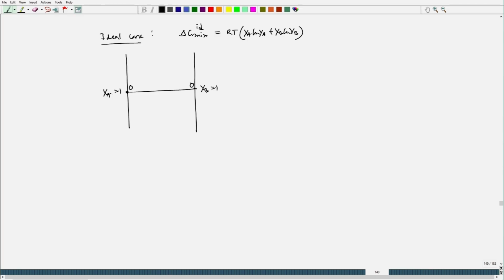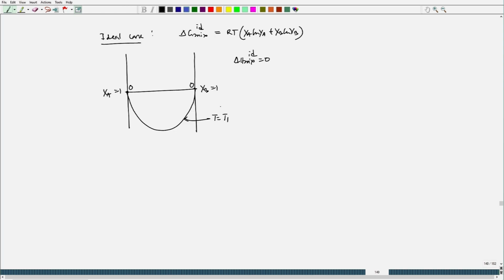Now, for the ideal case delta H mix equal to 0. So the plot would be like this, and this is, let us say, T equal to T 1.